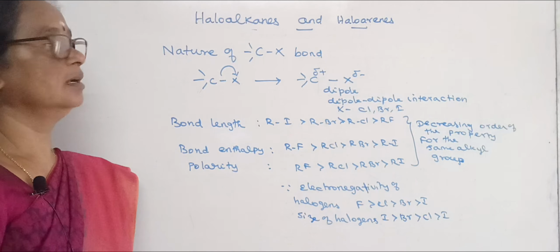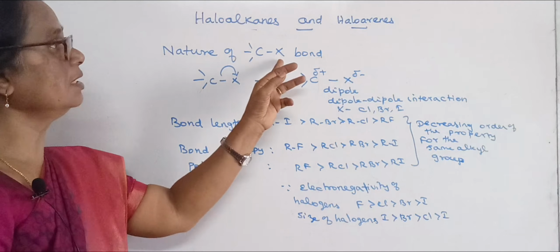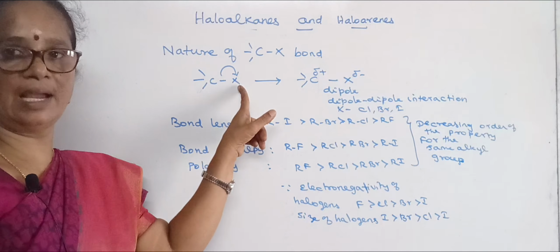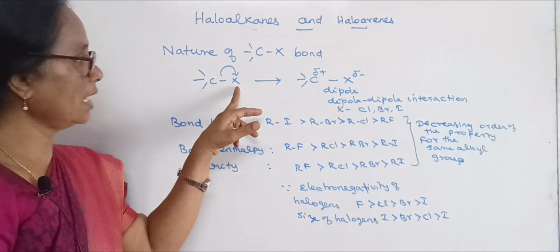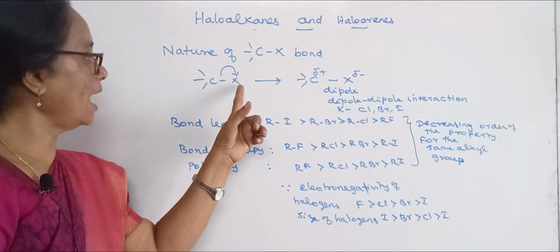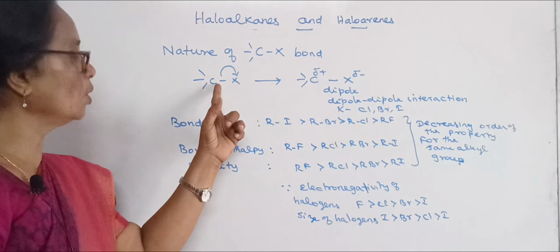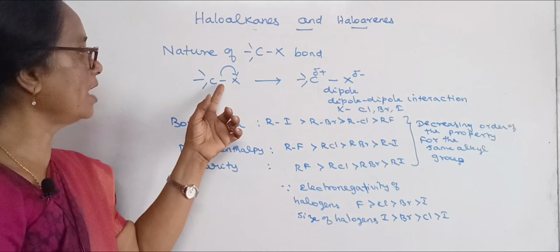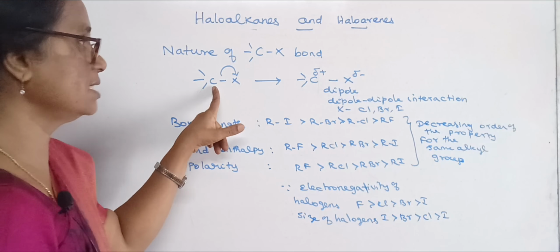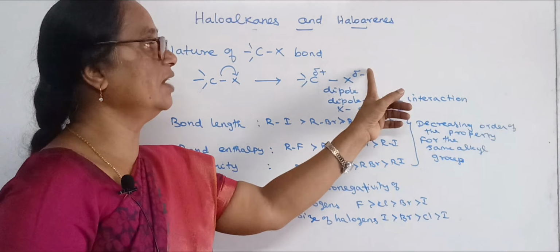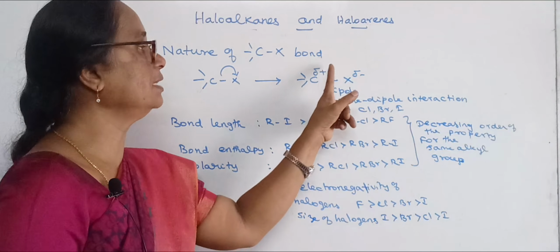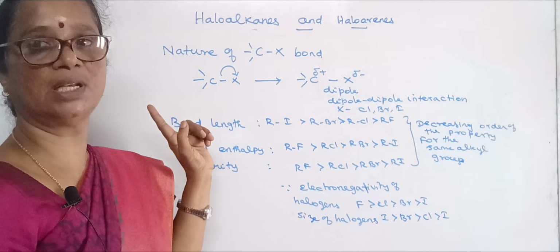Let us see the nature of the carbon-halogen bond. Carbon is bonded with a halogen atom, which is more electronegative than carbon. So the halogen tends to attract the shared pair of electrons towards itself. As a result, the halogen develops a partial negative charge and the carbon develops a partial positive charge.